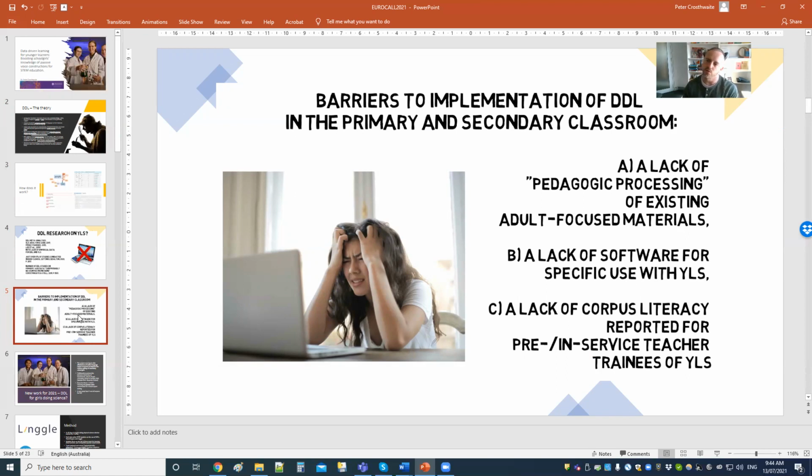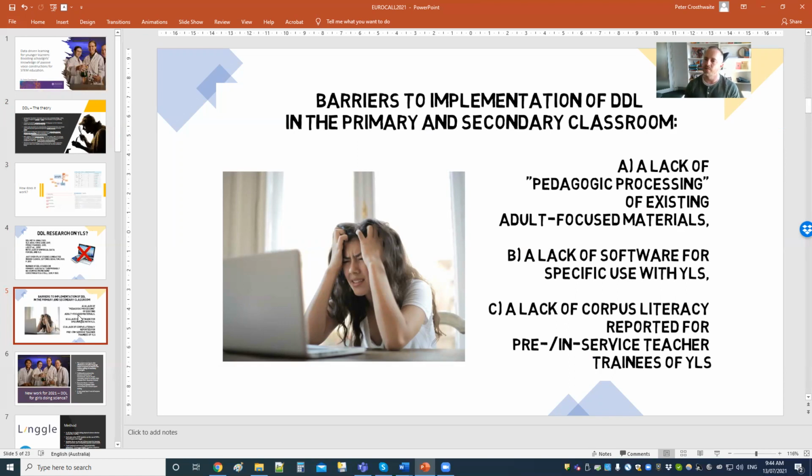There are a lot fewer texts that are suitable and specific for younger learners. I found this in my own attempts to make activities using adult data, which came back filled with adult language or sexual references and things like that. So that's a bit of an issue.